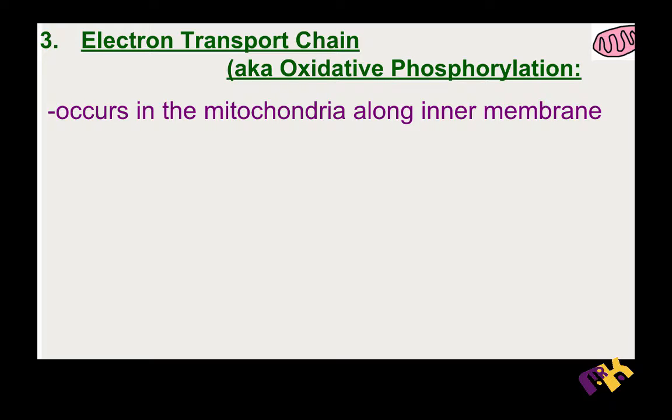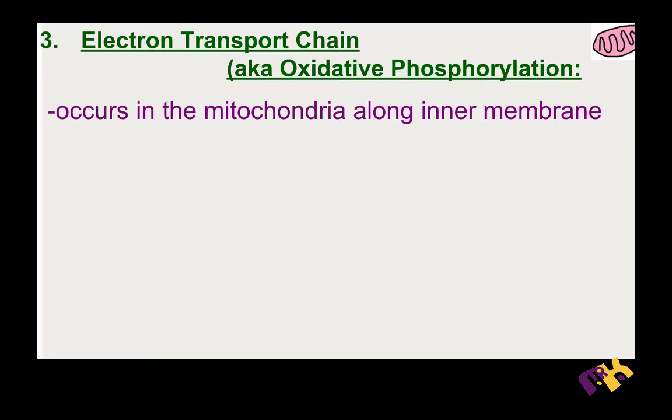What you need to understand is that in photosynthesis, in the thylakoid membrane, along the light reactions ETC, we were pumping H pluses into the thylakoid. We're increasing the concentration of H pluses inside the thylakoid.